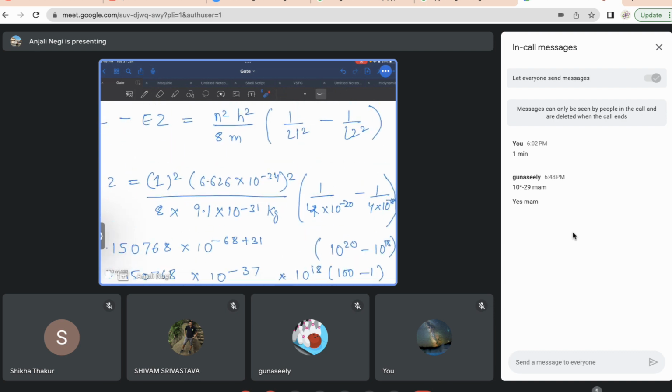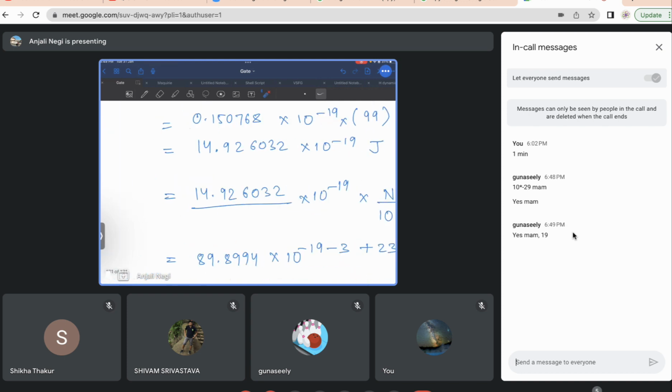This 32 into 2 is 68, and this minus 31 will become plus 31, and this whole will become minus 37. And since I will take 10 to the power 18 as common, here will be 100 minus 1, and this will be 37 minus 18, which gives me 19.